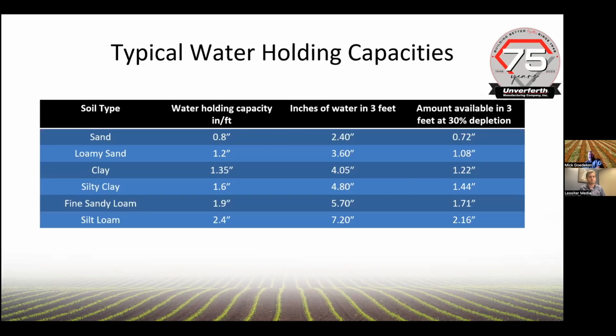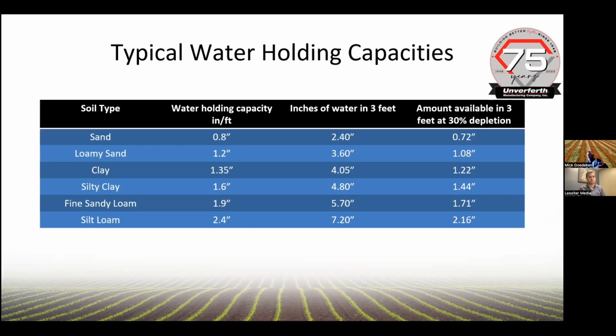Typical water holding capacities. I'm not going to go through this and read you this whole chart. Let's just talk about a silty clay soil. That'll match a lot of our soils that we farm in the Corn Belt. In a silty clay soil, we're going to hold 1.6 inches per foot of water.